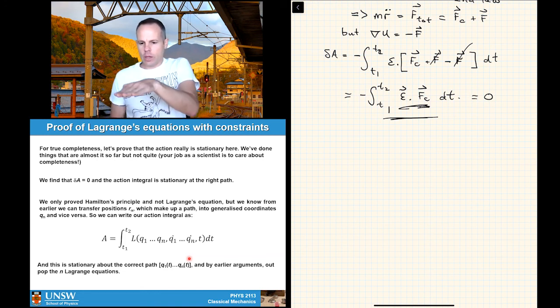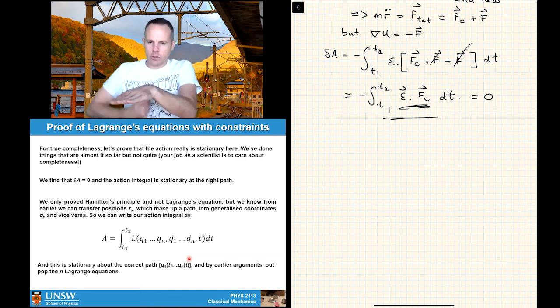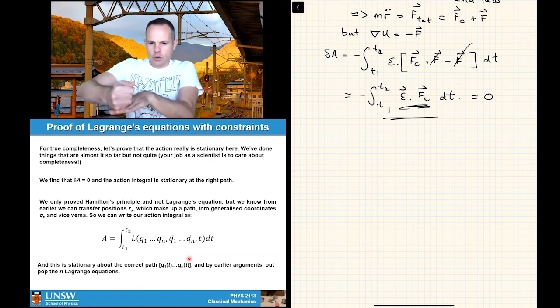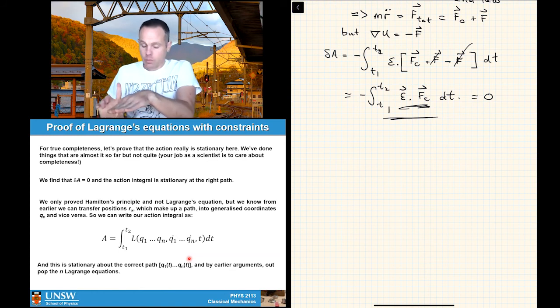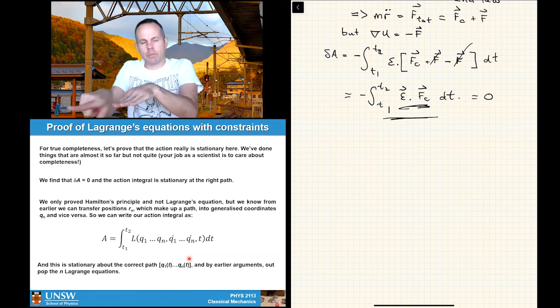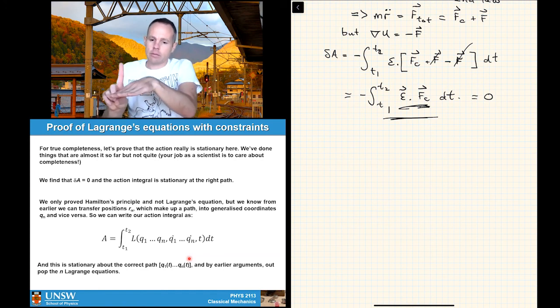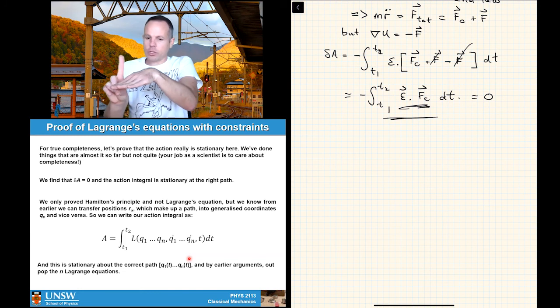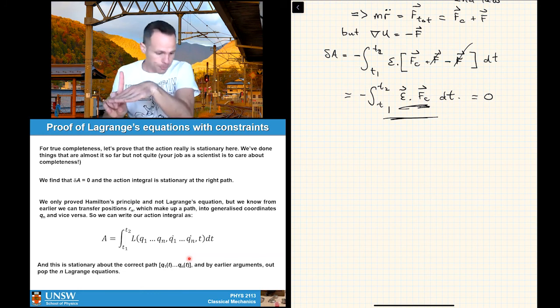So if you think about our constraint force as the normal force here, our plane of constrained motion is the xy plane, and our normal force points out of it, right? And the reason why you require that is because if the constraint force had any component in that plane, it would actually generate a motion, right? And it would no longer be purely a constraint force because it would be a non-constraint force as it generates motion, right? So the only way you can have a constraint force that doesn't generate motion is to have it perpendicular to the plane of the constraint.